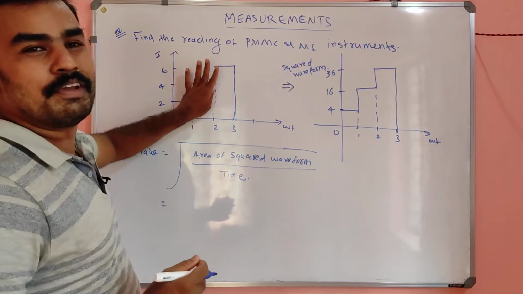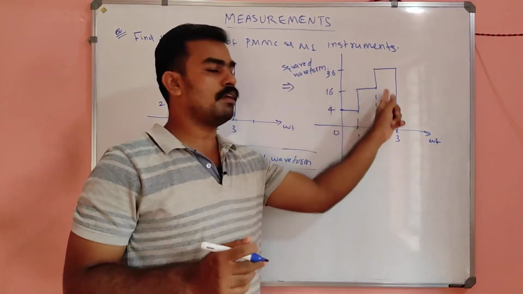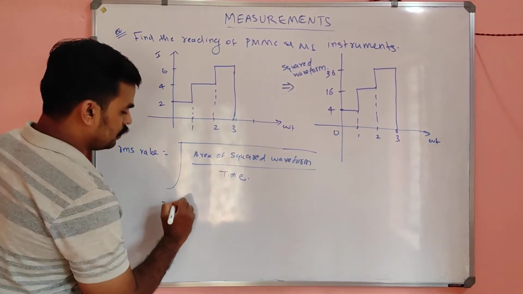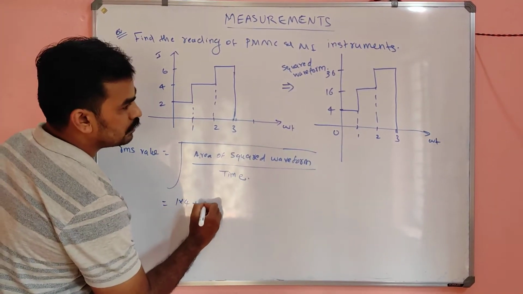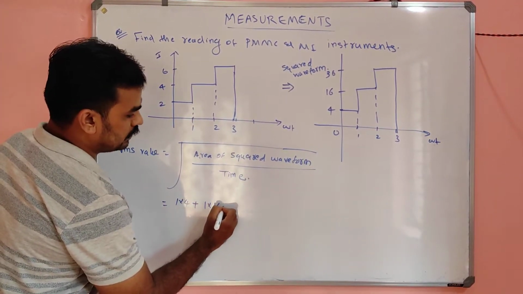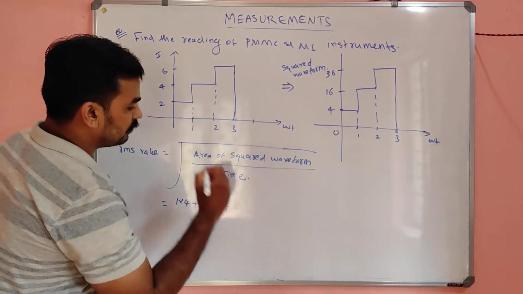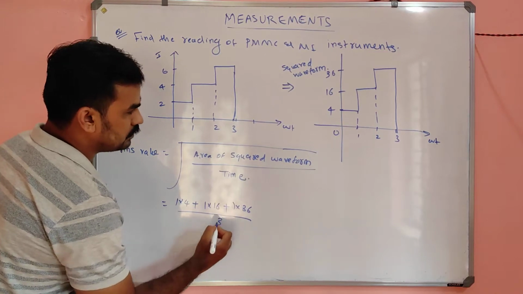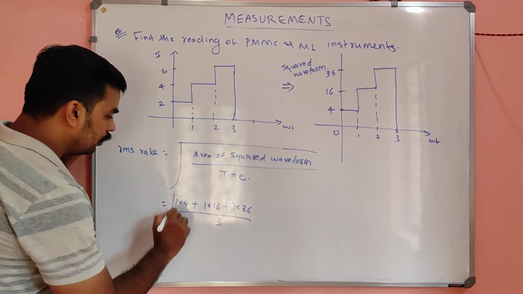Now you forget this waveform. Your focus is only on this waveform. This is the squared waveform. So it will become 1 into 4 plus 1 into 16 plus 1 into 36, whole divided by time, which has not changed, 3, whole root, right?